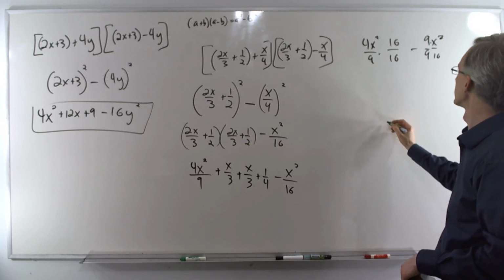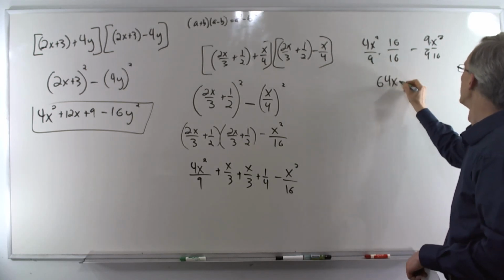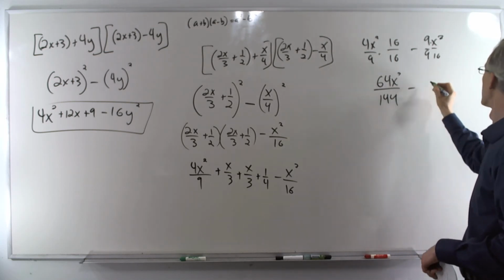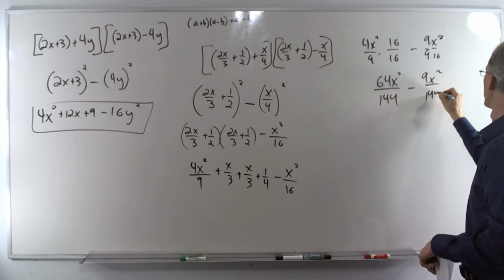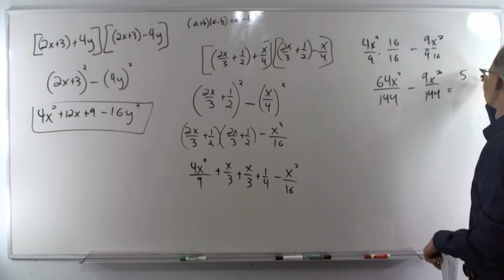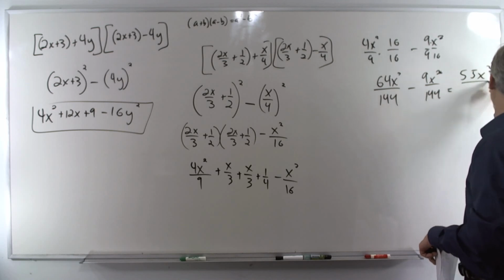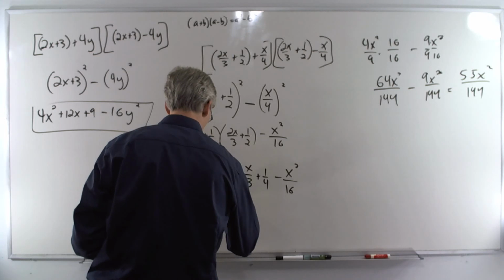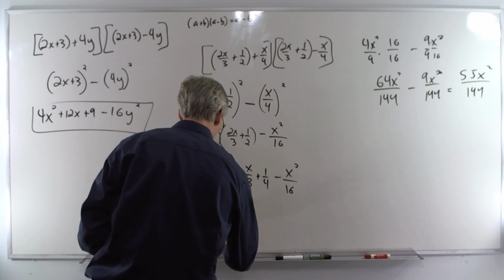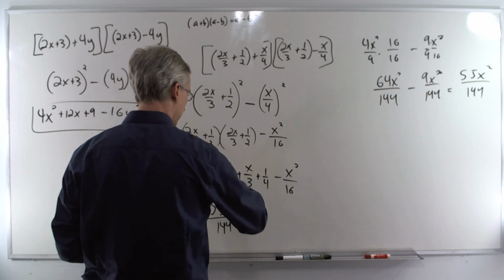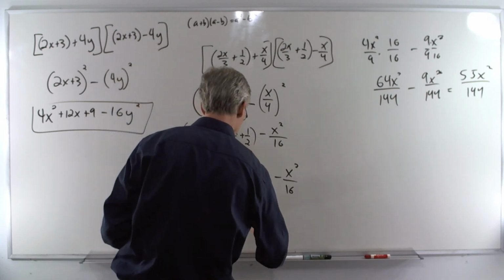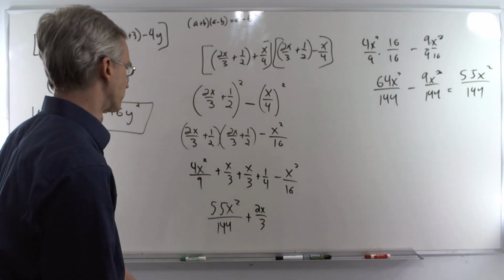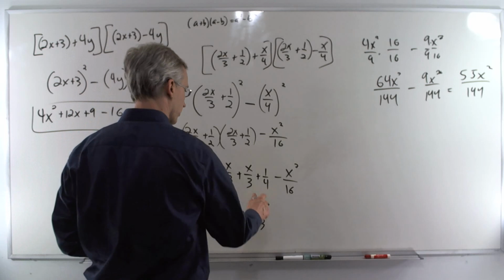And that gives us 4 times 16 is 64, 64x squared over 144 minus 9x squared over 144, and that is 55x squared over 144. All right, so that's that one. 55x squared over 144. And then we combine the x terms, so we get plus 2x over 3, and then 1/4.